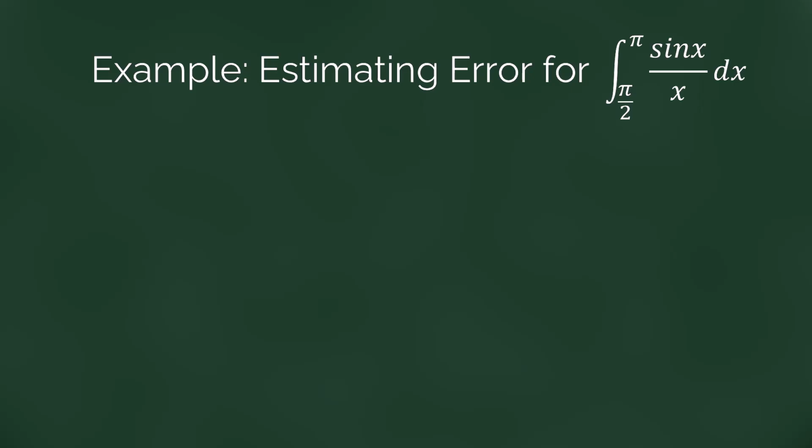To explore using these error estimations, we're going to examine one of our other definite integrals that does not have an analytical antiderivative. I have already computed the trapezoid estimation, midpoint estimation, and Simpson's rule estimation for this using 12 intervals.